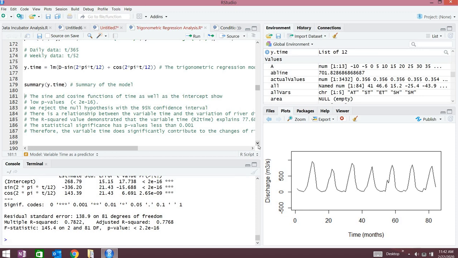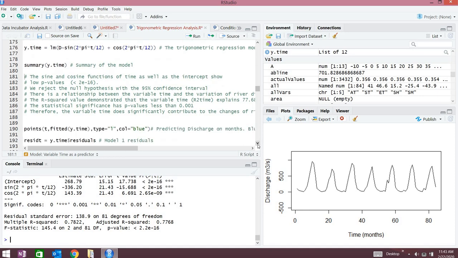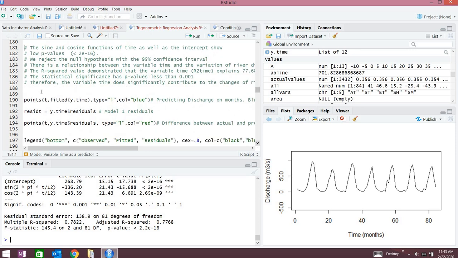And then consider only the climate variables for the analysis. So we need to include time. So here we plot the fitted values of the time-based model, points, parenthesis t, fitted, parenthesis y.time, type L, color blue. This is for fitted.